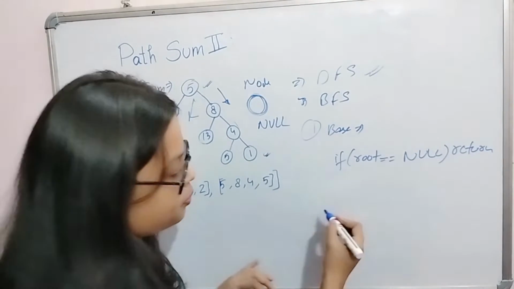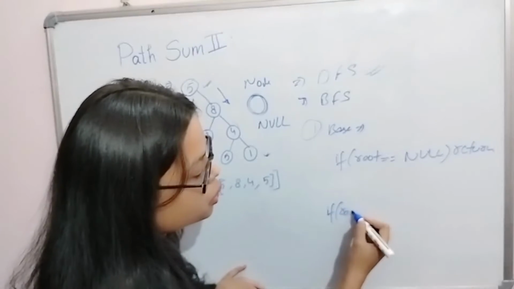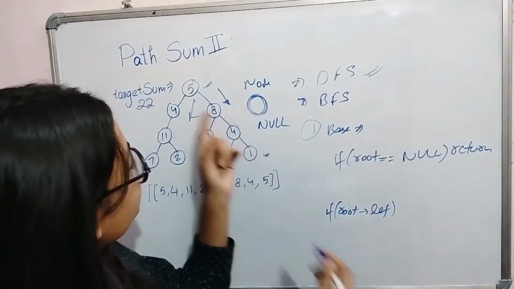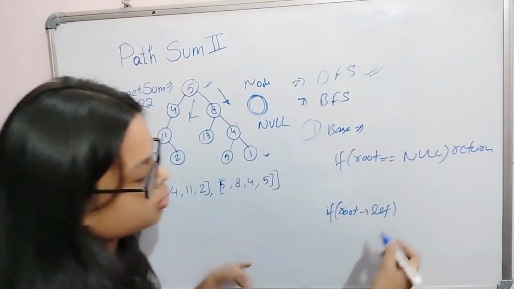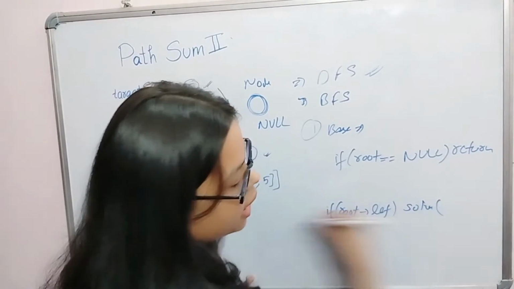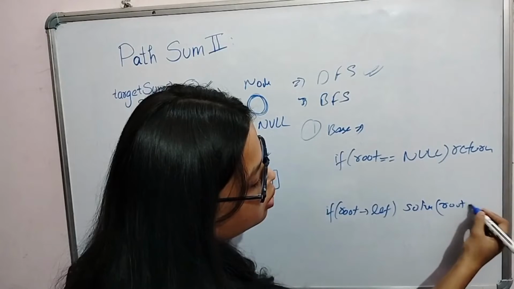So first is the base case: if root equals null, we return. Secondly, if root left exists, we go to the left child. Let's say our function is solve, and we call solve on root left.